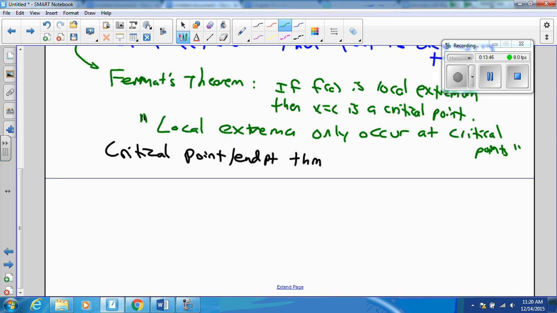Slogan for our critical point endpoint theorem is absolute extrema only occur at critical points or endpoints.